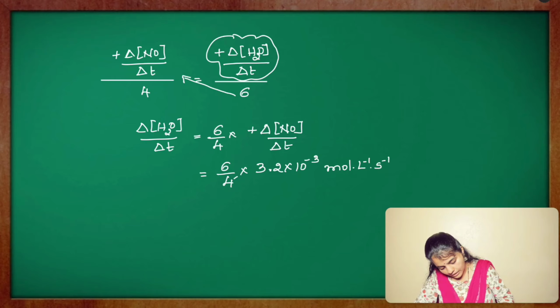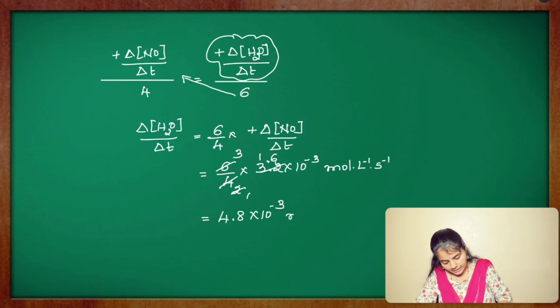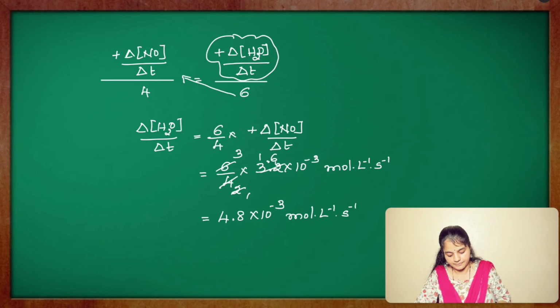Simplifying this, 2 ones are 1 and it is 1.6. So 3 into 1.6 is 4.8 into 10 to the power minus 3 and the unit is mole per liter per second.